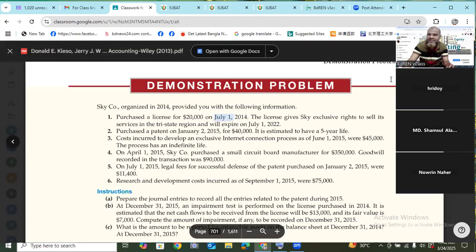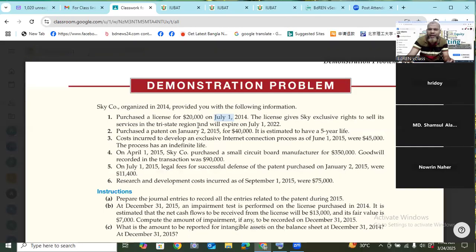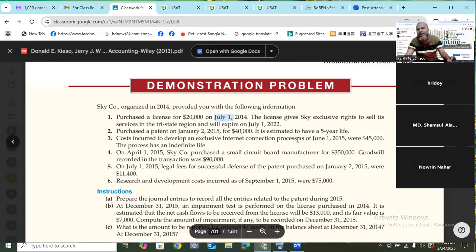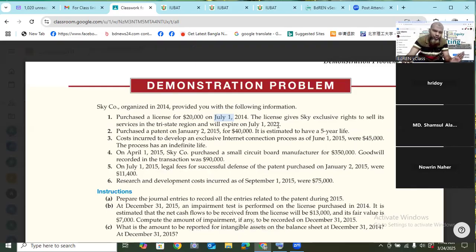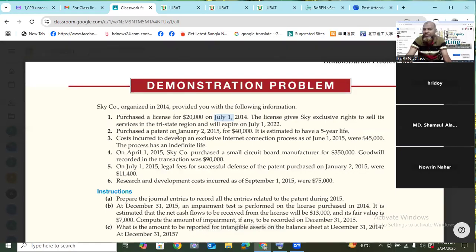The license gives Sky exclusive right to sell its services in the tri-state region and will expire on July 1, 2022. Second, purchase a patent on January 2, 2015 for $40,000.